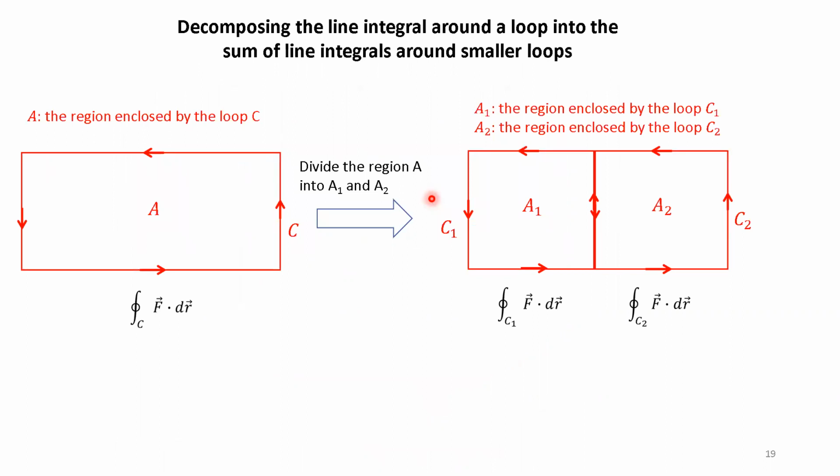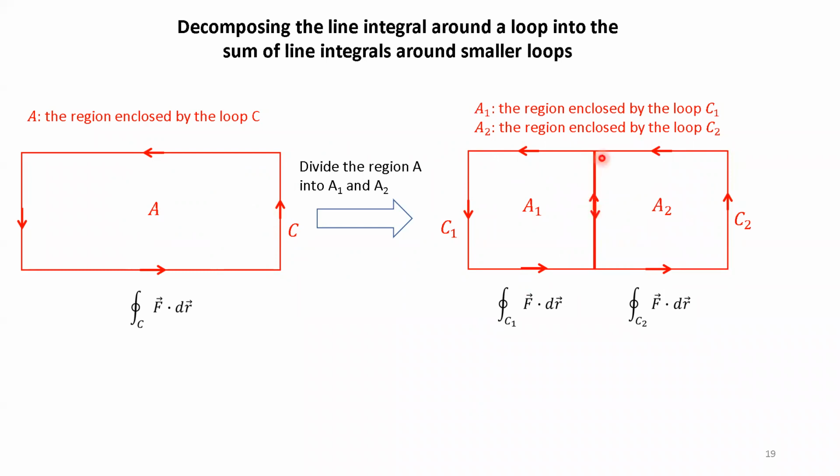So what I'm going to consider is a rectangular loop like this, and suppose I do a line integral. This is a regular size, a big rectangle. I call this C, and the area enclosed by this C is A. What I'm going to do next is divide this region in half, let's say 2 equal halves.